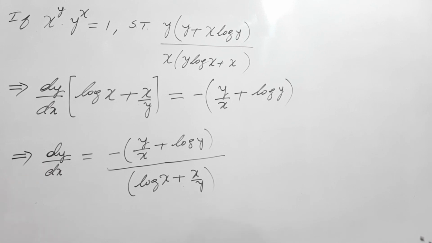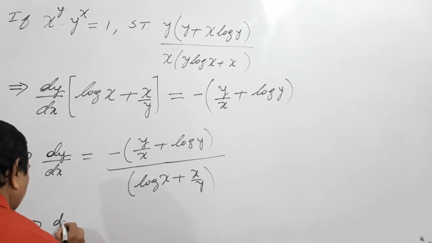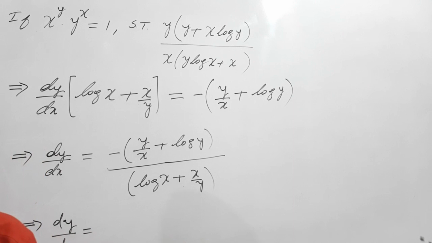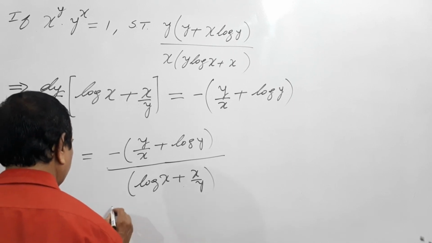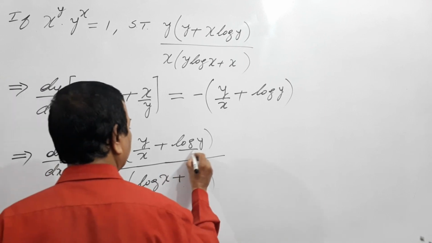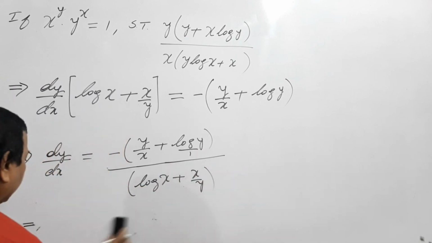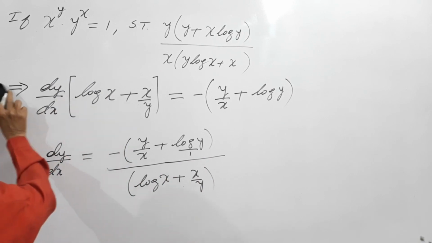Now I'll take LCM. This becomes dy by dx equals to a minus sign, I'll use a flower bracket, so this becomes x, I'll take it little down.